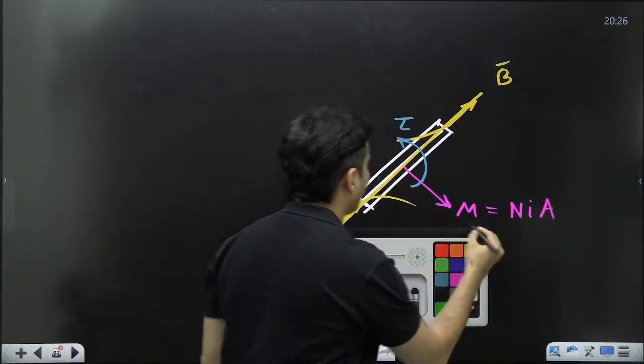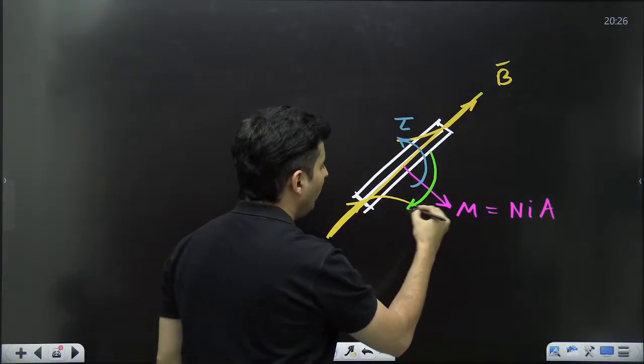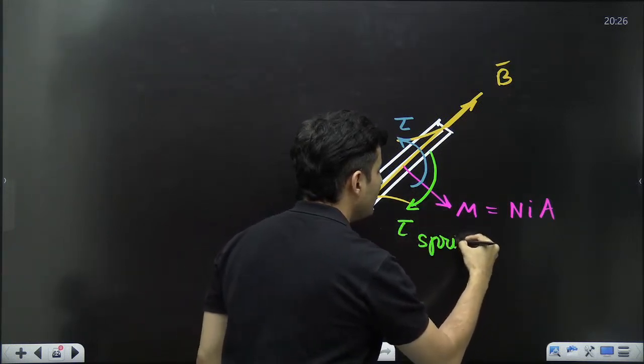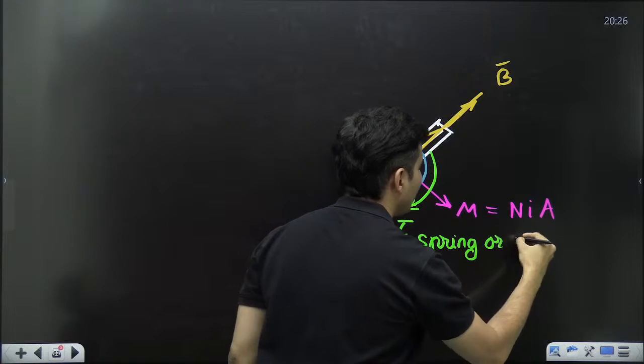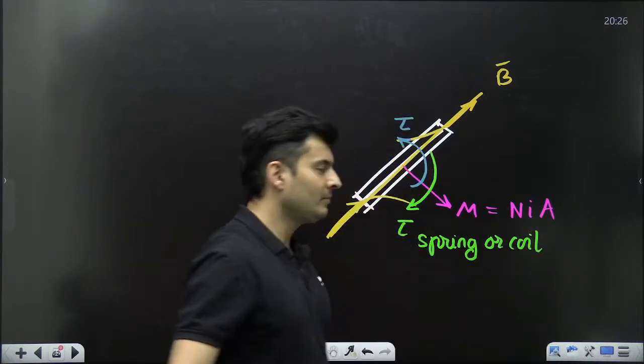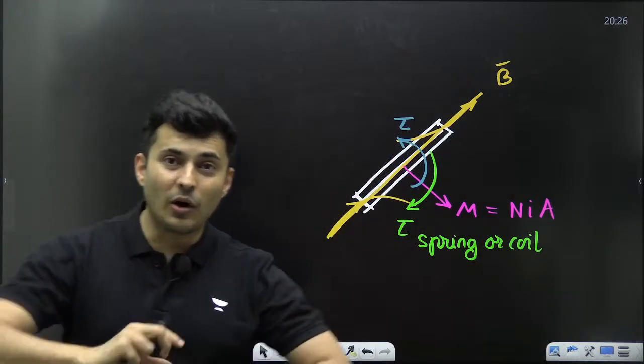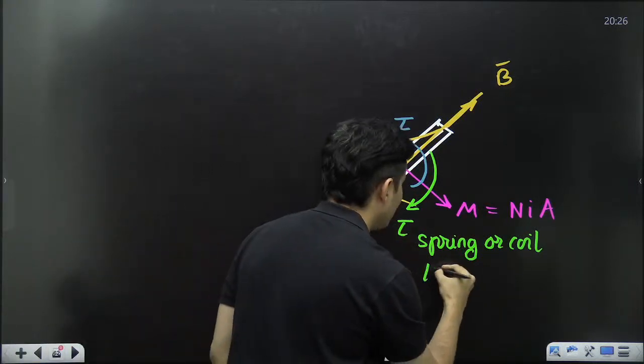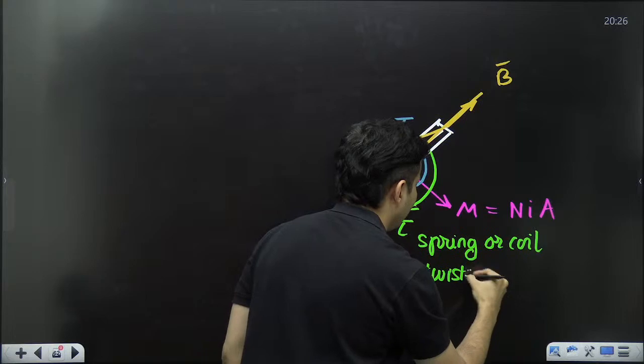You will create a torque basically in the opposite direction, but this torque will be because of a spring or basically a coil which is getting twisted.